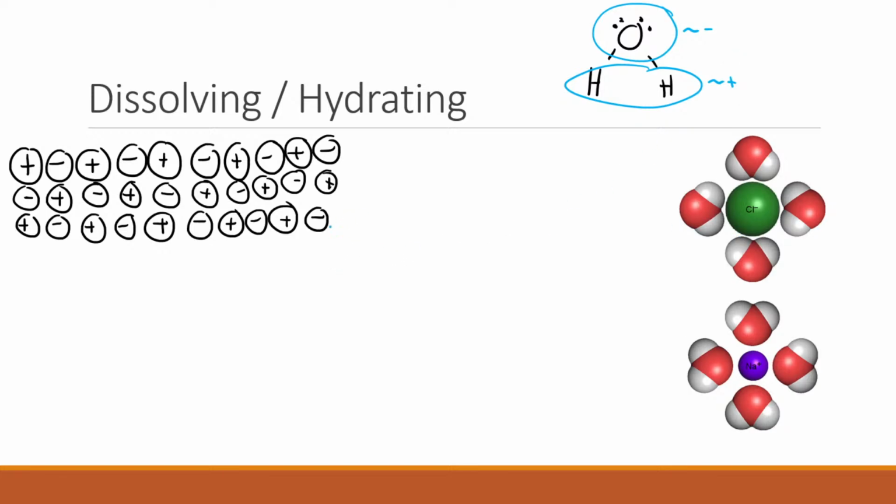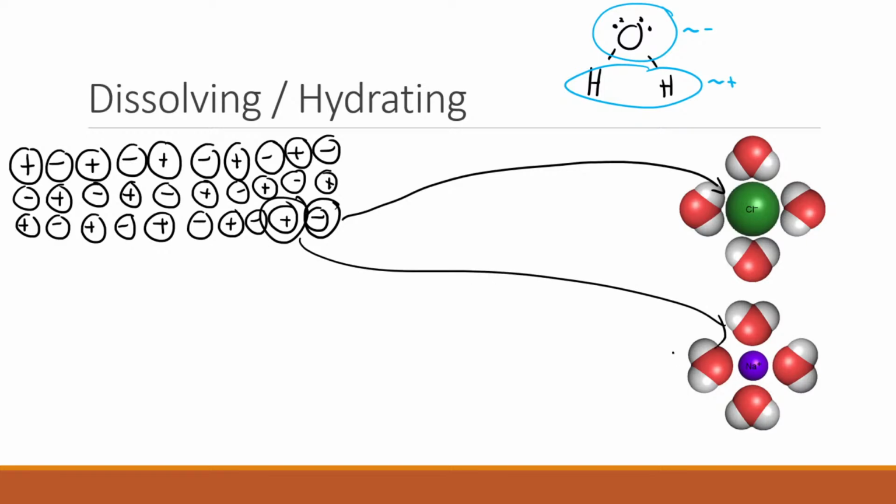It will take an ion and pull it away from the molecule, from this big clump of ions, and surround that ion. It'll do the same for this positive ion. Over and over and over again, these water molecules are going to pull off an ion, separate it, surround it. Rinse and repeat until this whole thing has been dissolved.